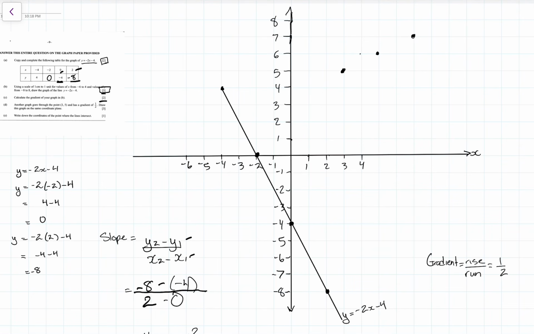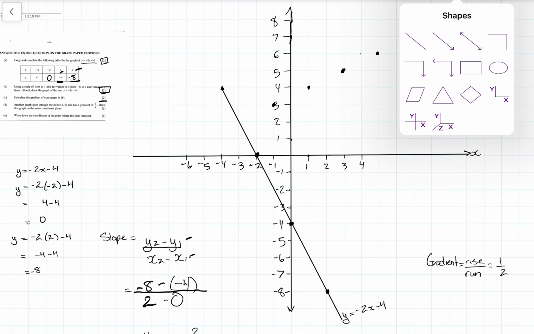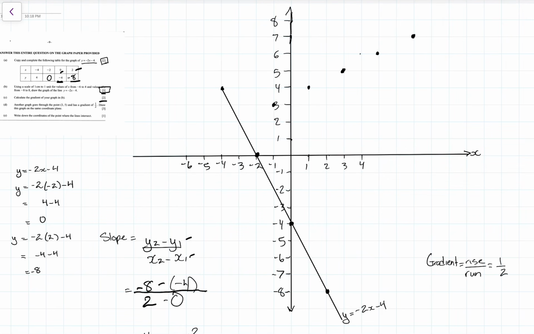You can also do it in the negative direction, as in going left twice and down once, because it'll still give us the same gradient. And it says to draw this graph, so we're going to draw the graph.